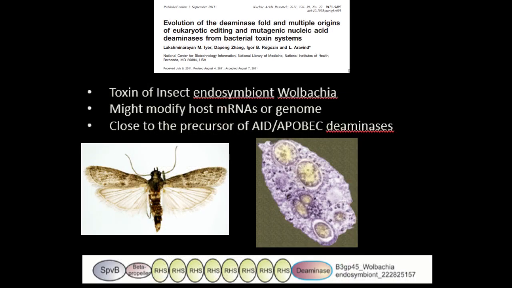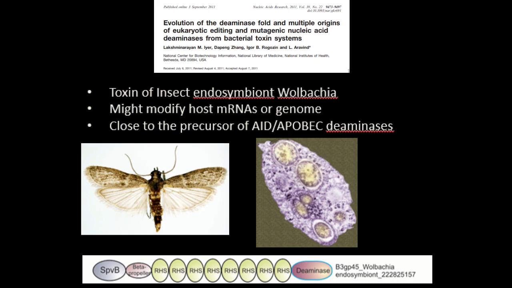And in fact, we even found a smoking gun in the form of one of the Wolbachias, which possesses a similar kind of toxin. In this case, it's not involved in interbacterial conflict, but deployed against its host in all likelihood, which contained that AID-ApoBec-like deaminase.